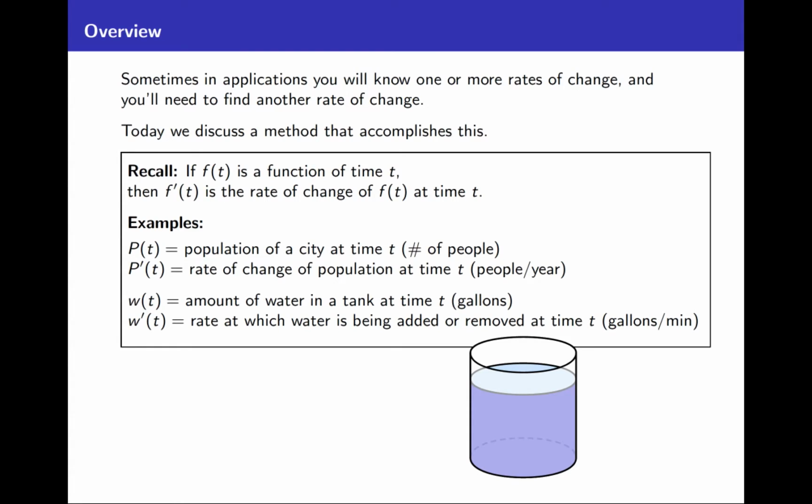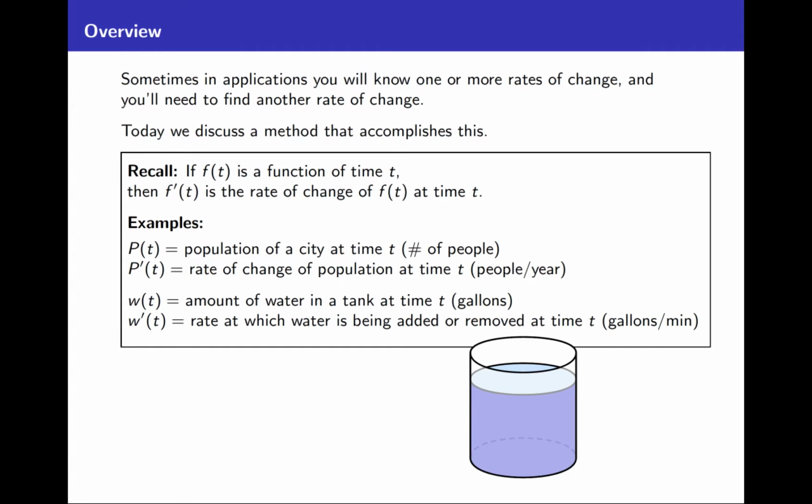The derivative W prime of t would be the rate at which water is being added or removed at time t. And this would be in gallons per minute. So for example, W prime of 10.4 might be 75 gallons per minute. So water is being added in at that time at a rate of 75 gallons per minute.